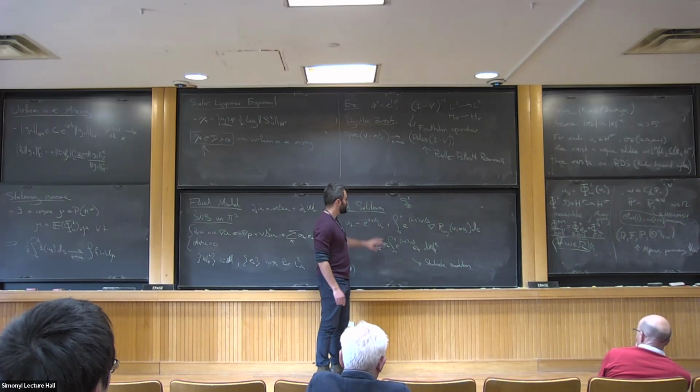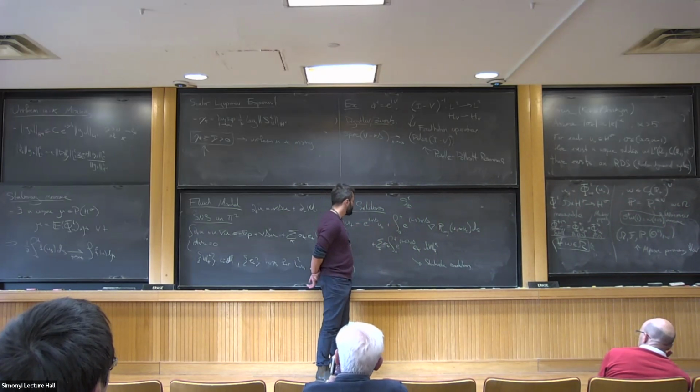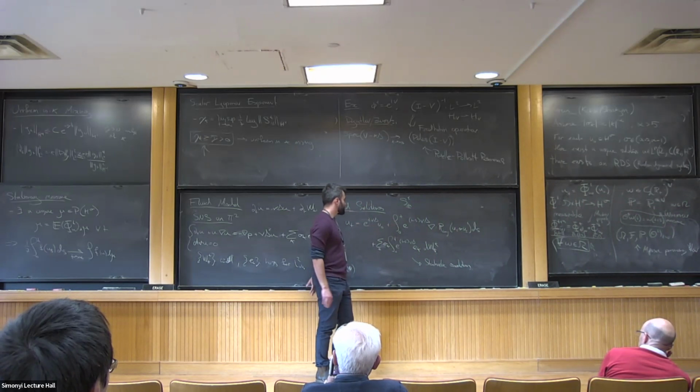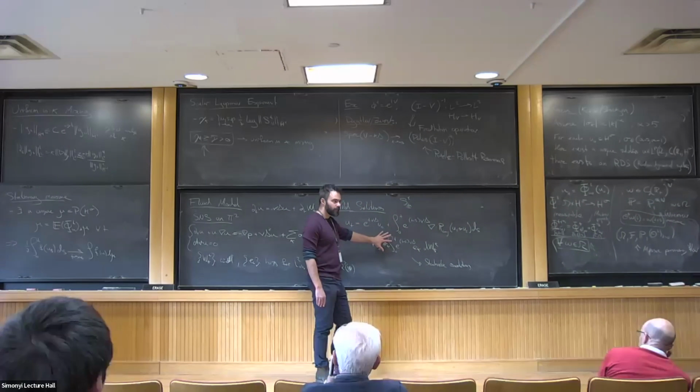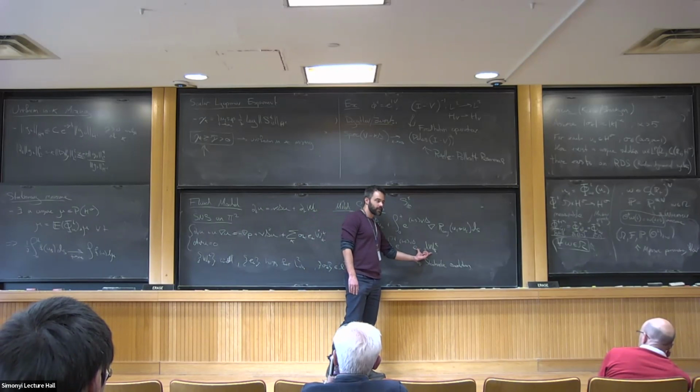I think it's not terribly hard. Let me think the right way to phrase this. You can work path by path at this level, especially if you think about integrating by parts.